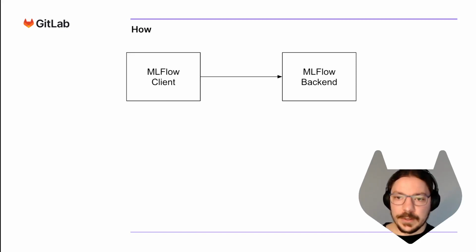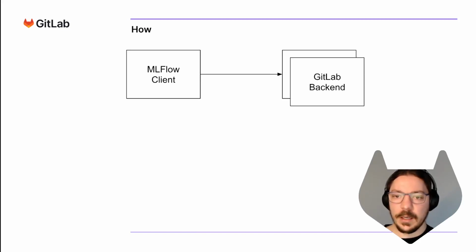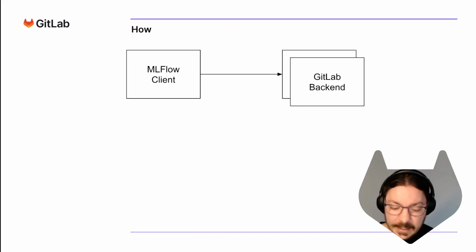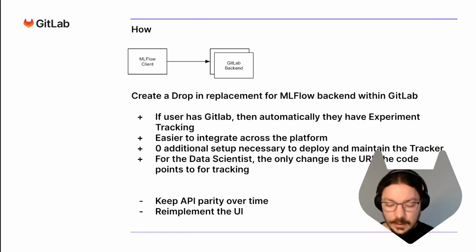So what we are doing is creating a replacement. We are making GitLab a replacement for this API. Instead of pointing to MLflow, the data scientists can just switch their endpoint and point to the GitLab backend. We are re-implementing the entire MLflow API into GitLab.